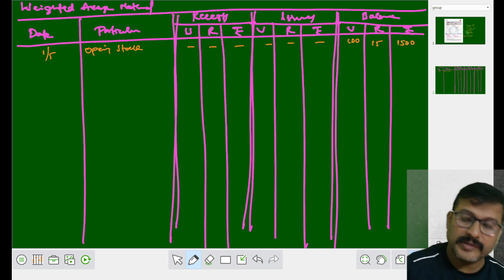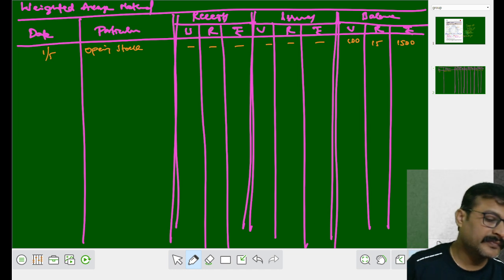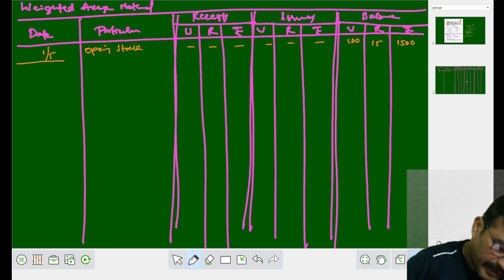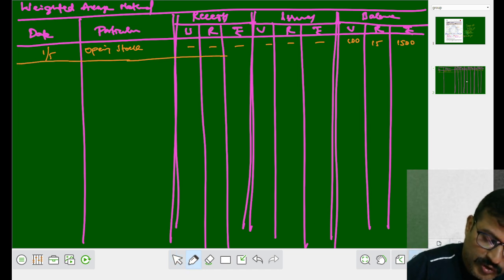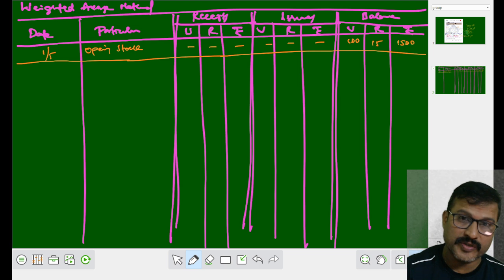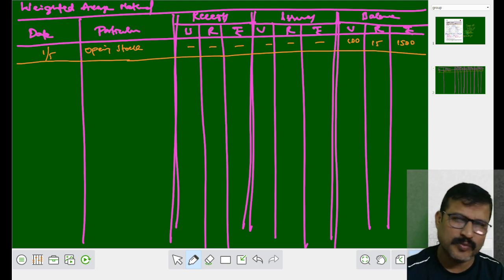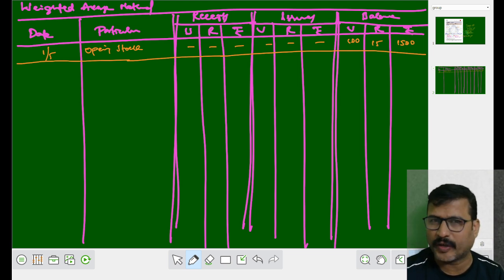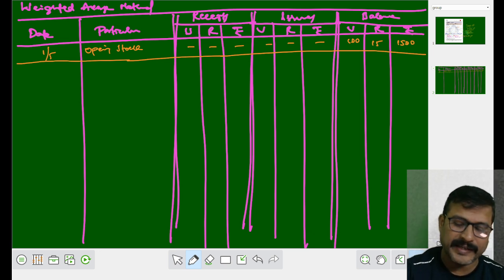It comes to 1500. Usually after every transaction I prefer to close, because you should not get confused with other transactions. Better you follow it. In textbooks they won't usually follow it, but practically if you follow it, you never get confused with the next transactions.